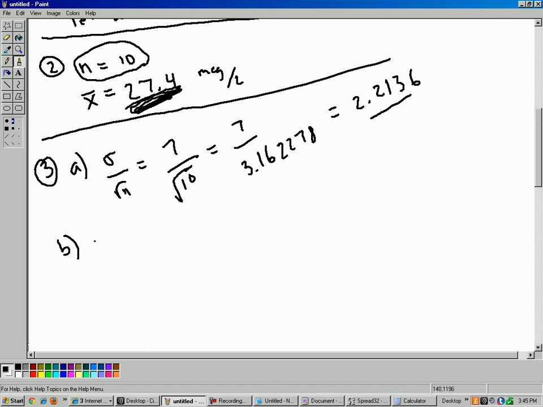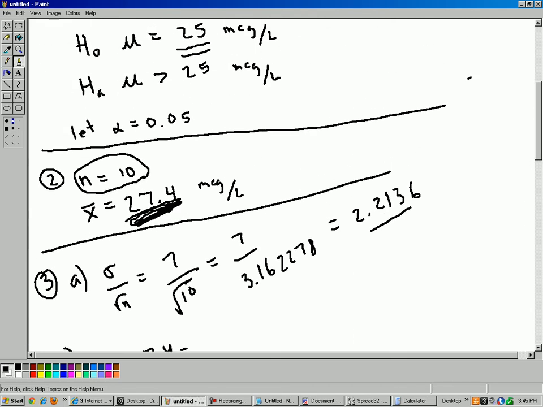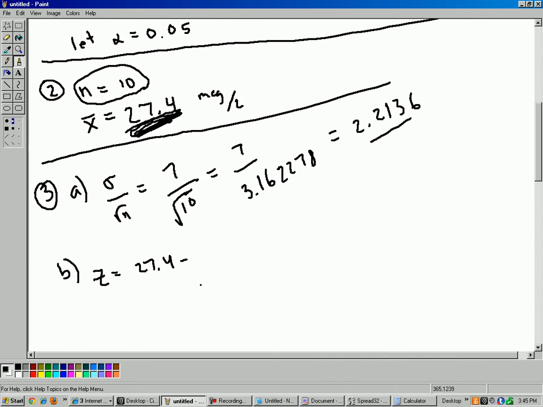So second step in the analysis is get that z-score. So z is the mean here, 27.4, minus the null hypothesis, which is 25. We want to know how far is that sample mean from that null hypothesis, divided by the standard error, 2.2136. By the way, the author gives you a formula.